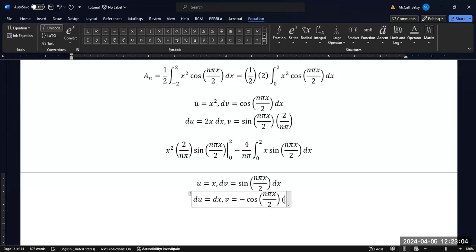And then also, if I were doing the chain rule, I would multiply by n pi over 2. And so in the reverse, I divide by the same thing or multiply by the reciprocal.